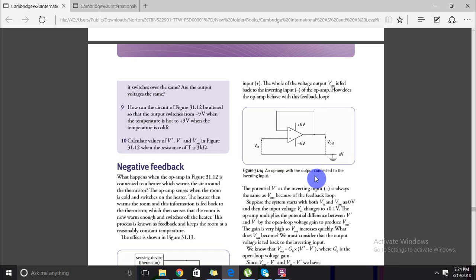So what happens with the op-amp in figure 31.12 is that it is connected to a heater which warms the air around the thermistor. So the heater is basically the terminal output device which is going to do the thing. And the op-amp senses when the room is cold and switches on the heater, right?